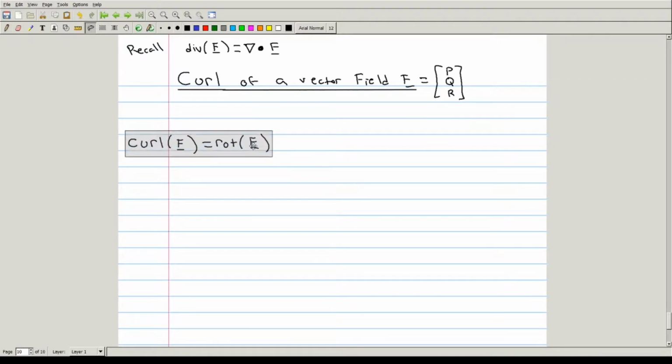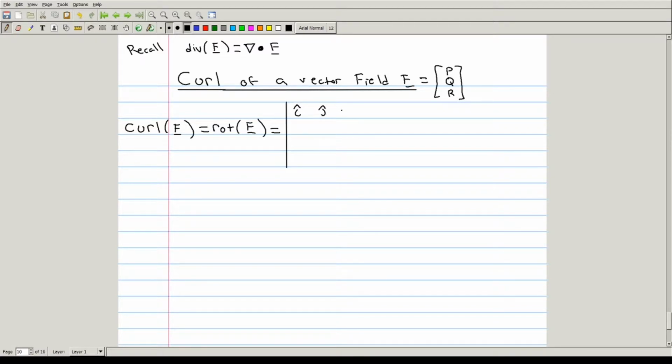And remember that this can be calculated by the standard determinant rule, the determinant of the 3x3 matrix, where this is i hat, j hat, k hat, and this is the first vector, which is your del operator, and this is very important, this is the first operation here, and then P, Q, and R. Oh, sorry, I started calculating and I didn't even write down what I wanted to write down.